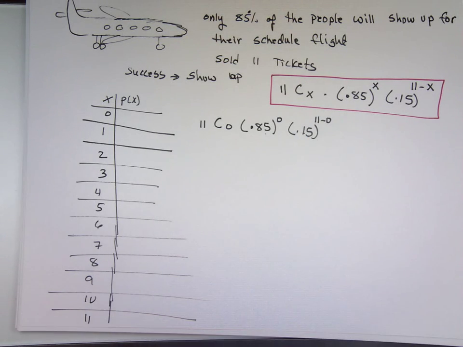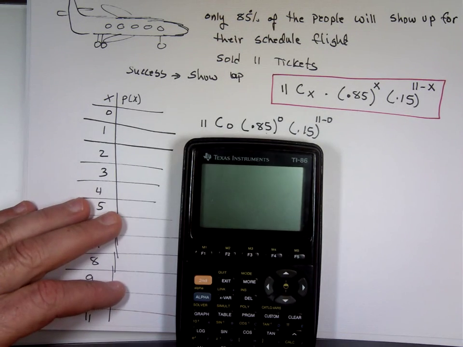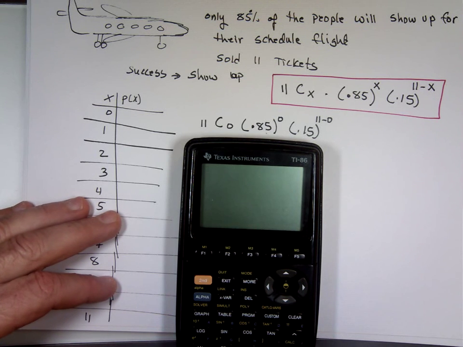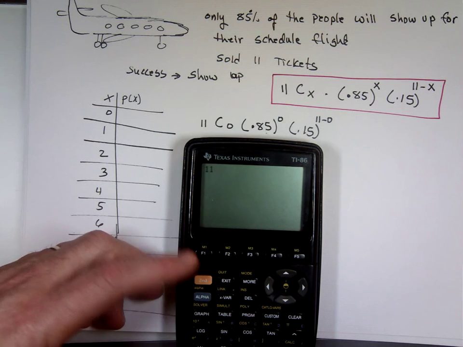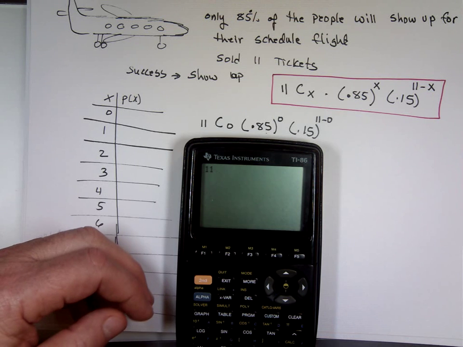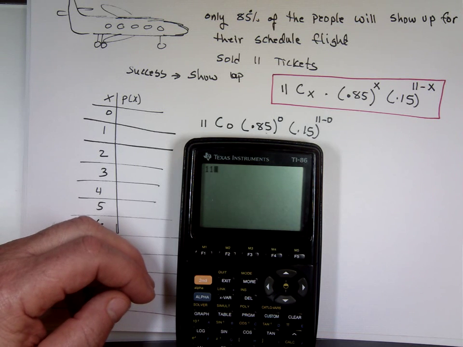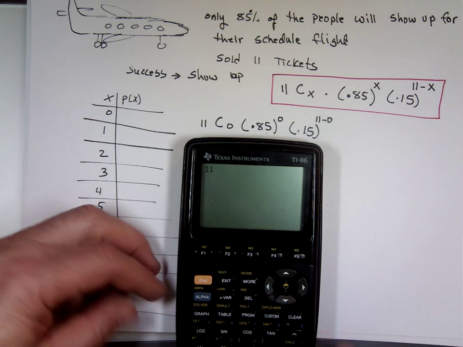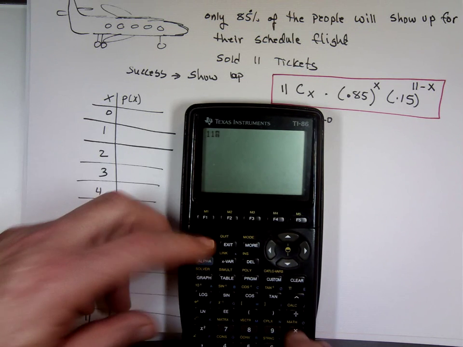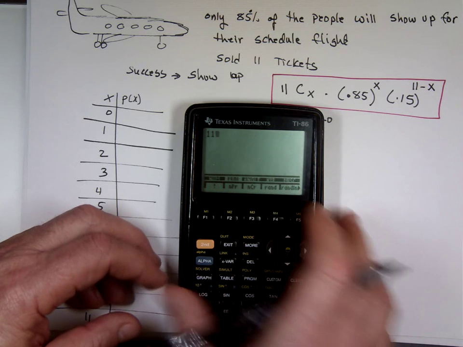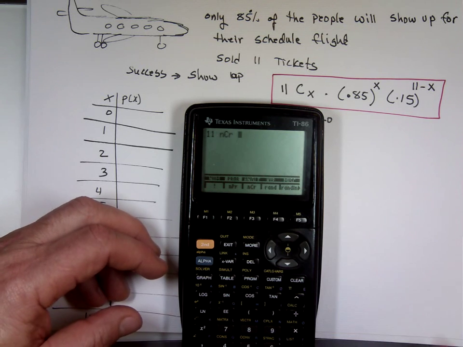Here's my calculator. I can write the whole thing in it. 11, math and probability. Where's math here? Oh, math. Here we go. Probability, NCR. Can you see the NCR?